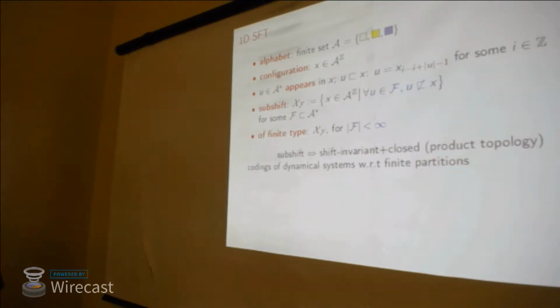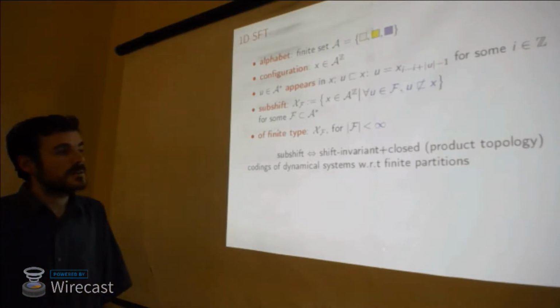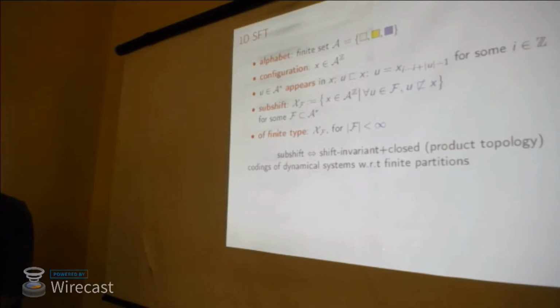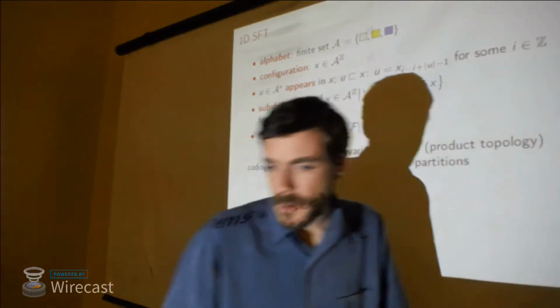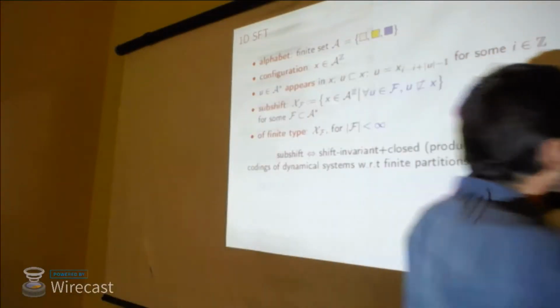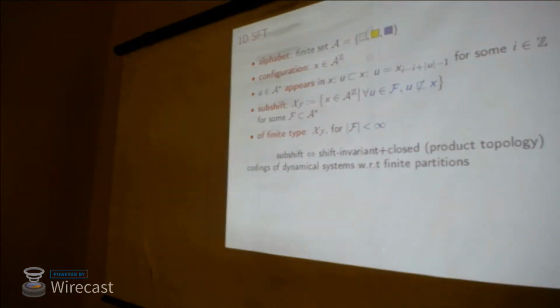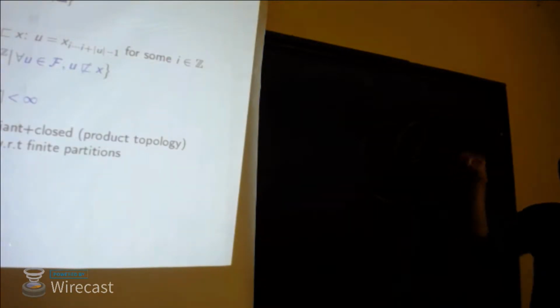So why is it called subshift? Because it's a name which comes from dynamical systems, and the motivation of this kind of object is encodings of dynamical systems. So imagine you have a space with a self-map, so often a compact metric space, and a self-map which is continuous, and you're interested in the iteration of this map.